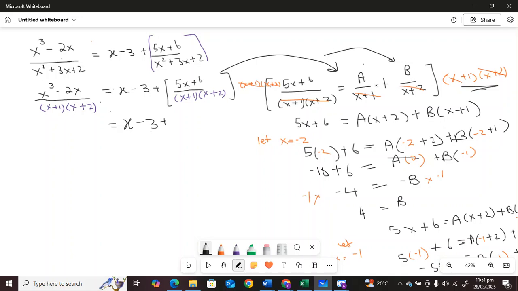Since we've got our values of a and b, a is 1, so it's 1 over x plus 1, plus, we found the value of b, which is 4, 4 over x plus 2. Okay. So this is how your answer should be.